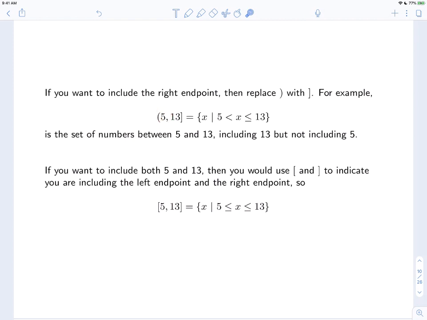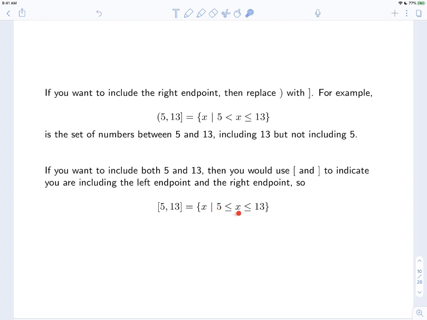Now if you want to include both 5 and 13, then you'd use brackets for each. Bracket 5, 13 bracket is all of the numbers between 5 and 13, including the endpoints. In set builder notation, we write it like this. It's the set of x such that 5 is less than or equal to x is less than or equal to 13.